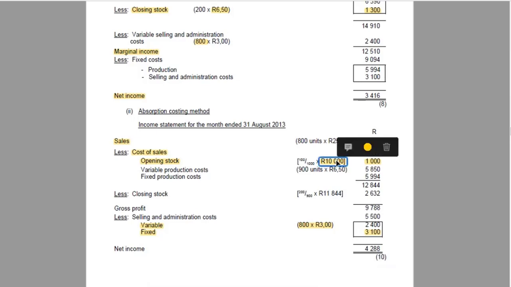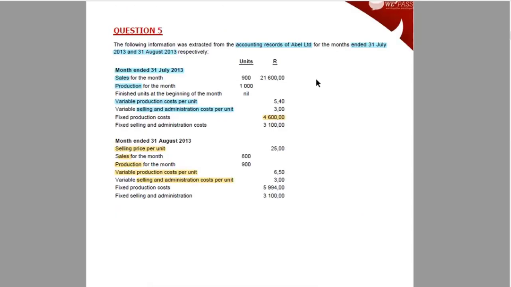So I'm saying the 10,000 is made up of the 4.6 production cost from last month, plus the difference, which would be your variable cost per unit.